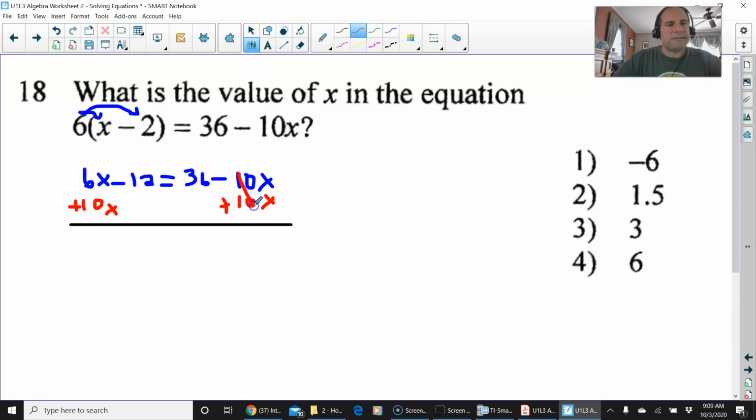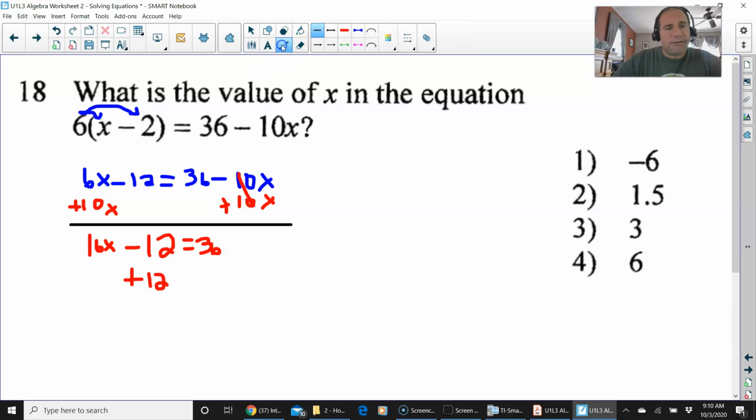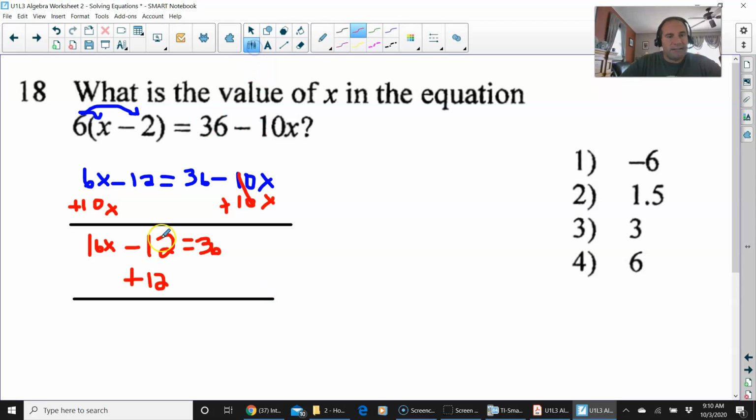The 10x's cancel on the right side, and this becomes 16x minus 12. Bring everything down. Don't skip steps. And that equals 36. Once you add 12 on both sides, this is a two-step equation. So now you're adding 12 because, again, you want to isolate the variable.